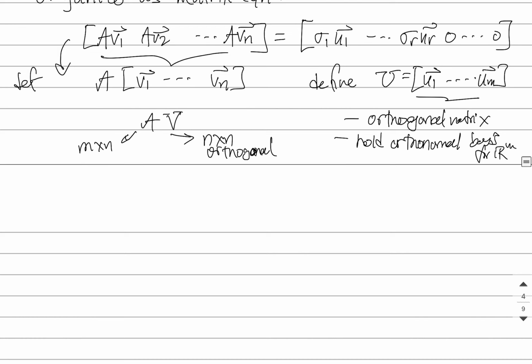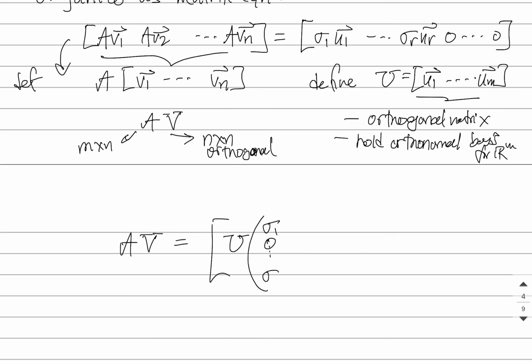And so that means that on this left side, we've got AV. Now on the right side, I'm going to do something suggestive here. So I'm going to have a U. And in order to get this to pop out, I'm going to have a column vector with m entries.